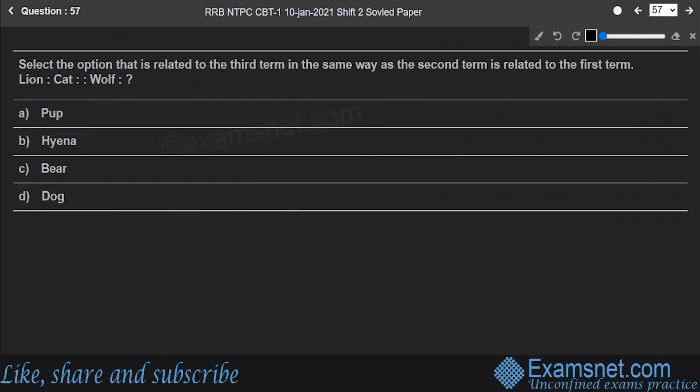Select the option that is related to the third term in the same way the second one is related to the first term. So lion and cat, they have some relationship. The same relationship exists between wolf and dash. If I look at lion and cat, they both are Felidae family.